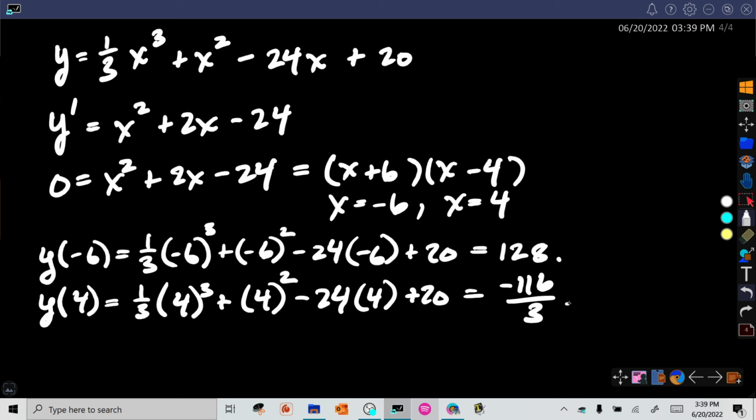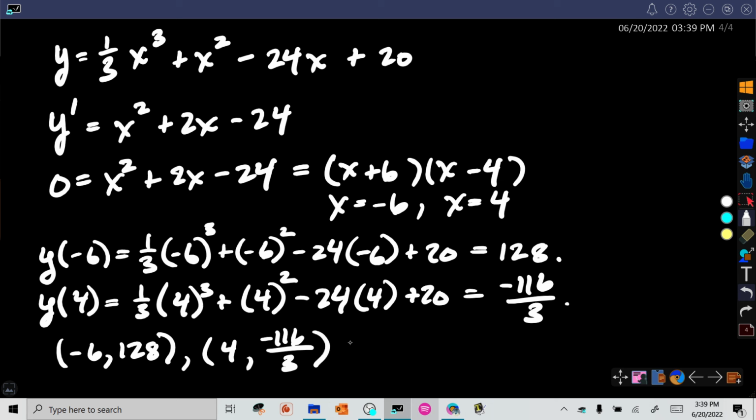On the original function, the points that correspond to our critical values are minus 6, 128, and positive 4, minus 116 over 3.